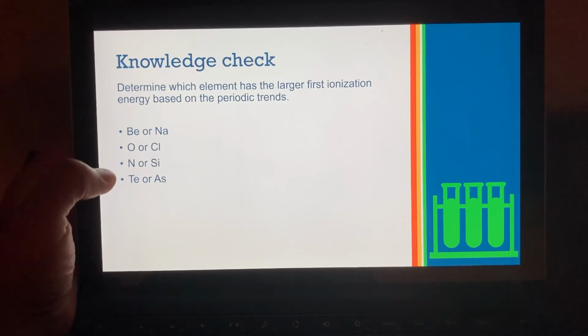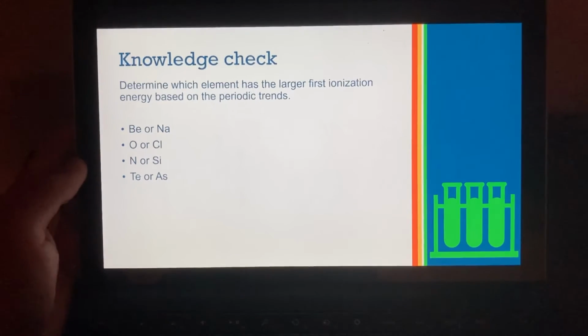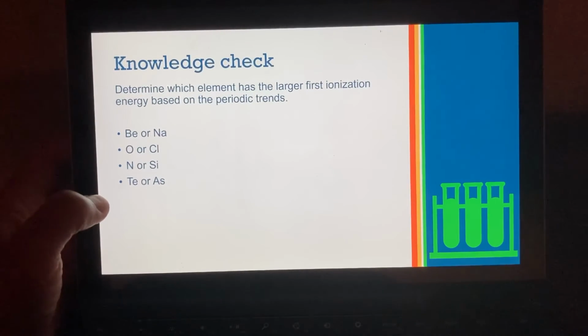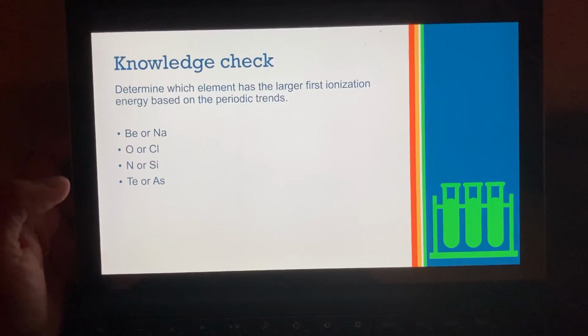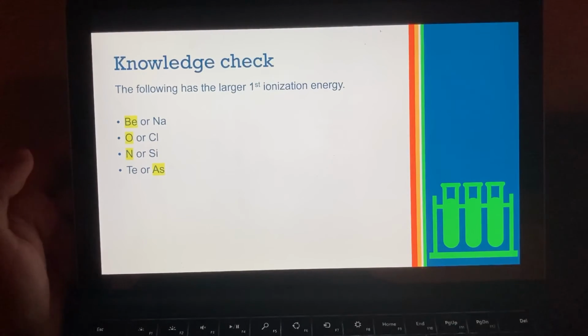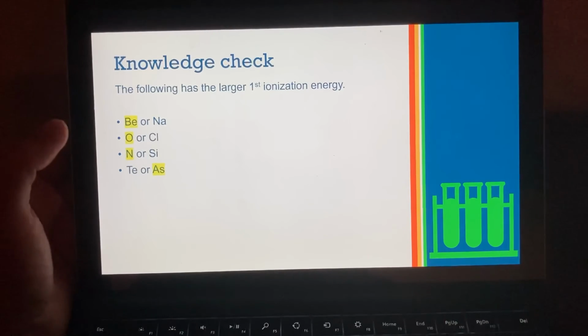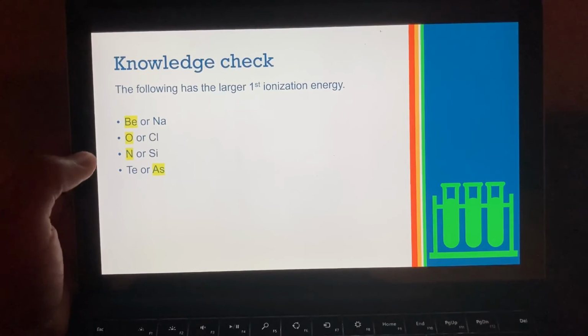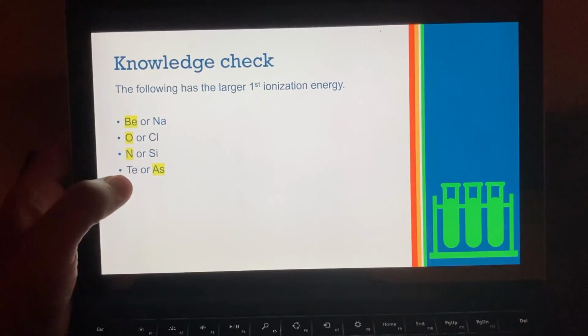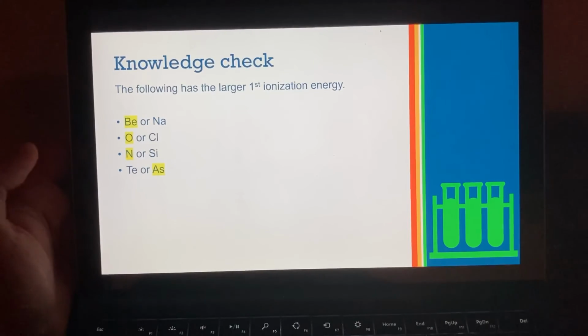Third, which has the larger first ionization energy, nitrogen or silicon? Fourth, which has the larger first ionization energy, tellurium or arsenic? So these are the answers. Beryllium, oxygen, nitrogen, and arsenic have the larger first ionization energy.